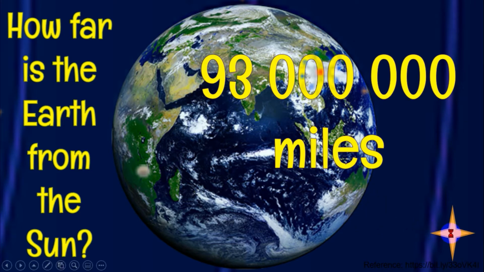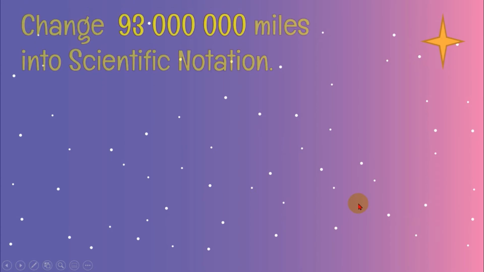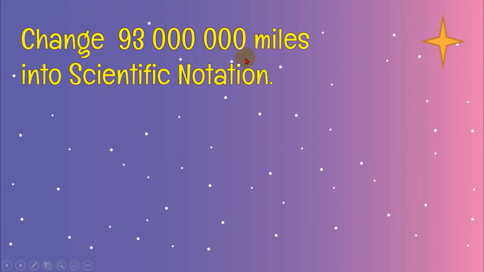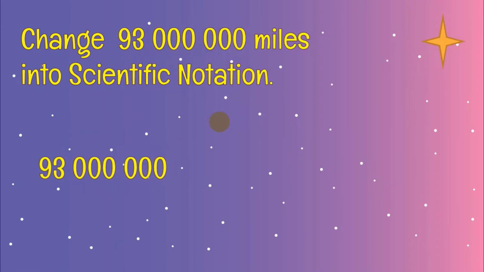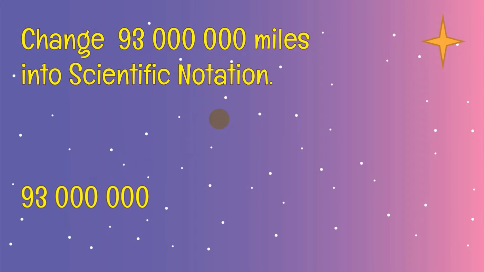So, let us now have the following. Change 93 million miles into scientific notation. The given number is 93 million. To change it into scientific notation, we must follow the pattern A times 10 raised to n, where A is the given number and n is the exponent.